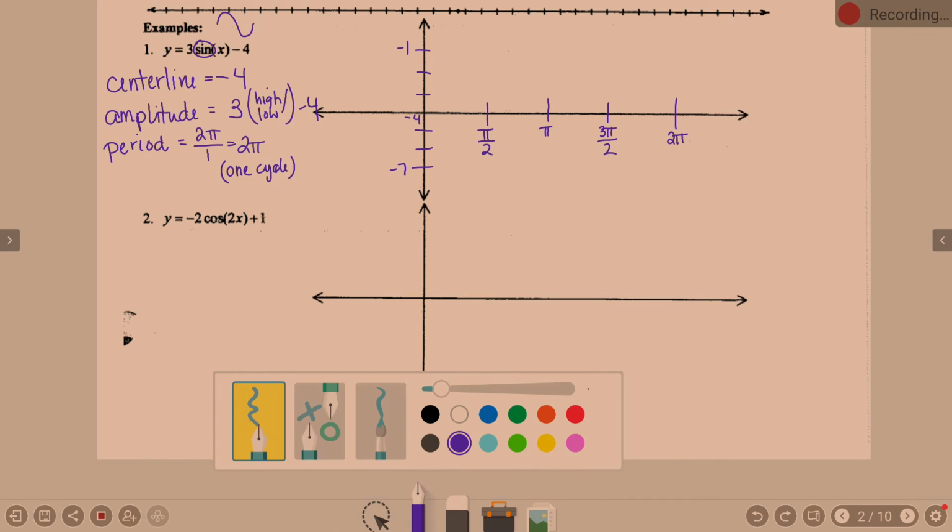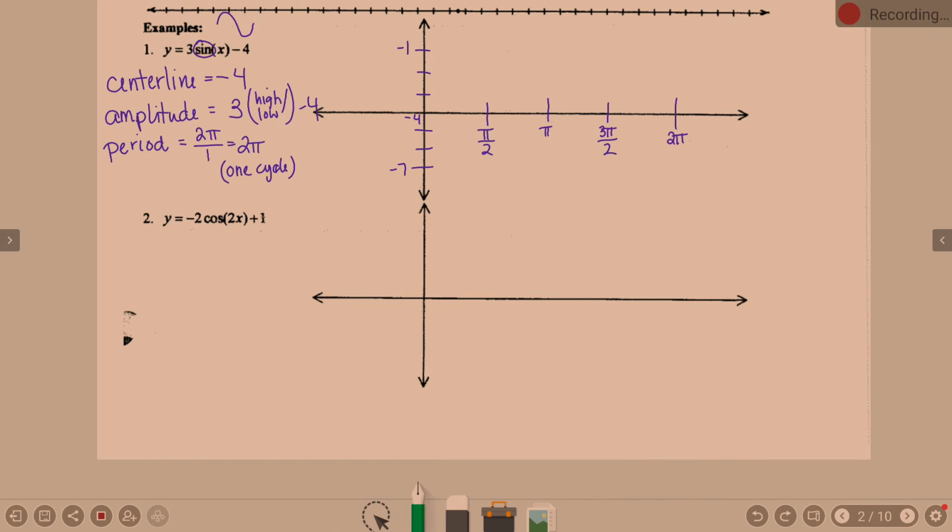The other half of the battle is getting the graph on here. Now, what does a sine curve do? It starts at the origin, which is still kind of the origin, except technically it is at 0, -4, yes? And then what's a sine curve do? It goes up.